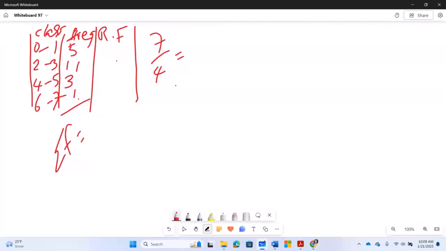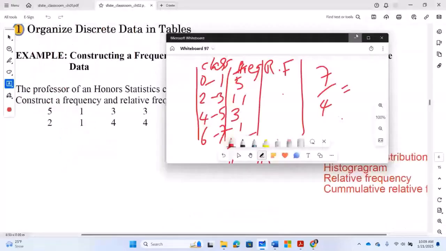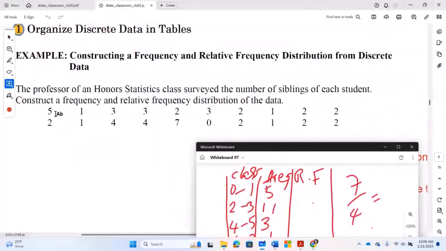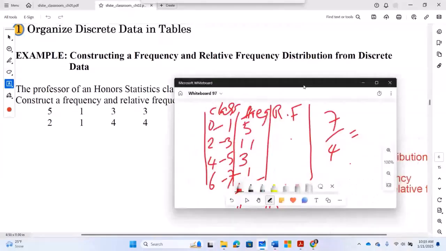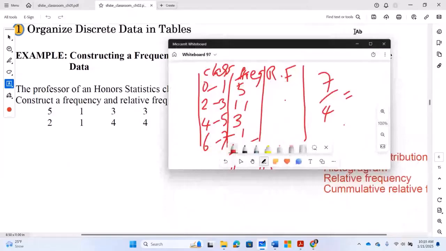So the total frequency is 20 according to my frequency distribution. But let me go back and check. I can check my answer: 2, 4, 6, 8, 10, 12, 14, 16, 18, 20. Okay, good. So total frequency is correct.